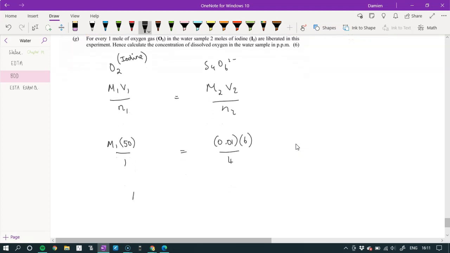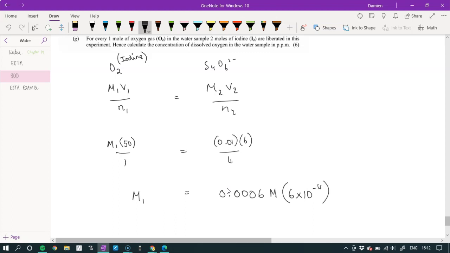So now what you're going to do is work out M1 by bringing stuff across. When you do the maths on that, that's going to give you 0.006. Oh, I think there's actually another 0 in there. I'm going to just check the calculator again. I think there is. So it's 3 zeros and a 6, which is 6 × 10⁻⁴. And again, that's your concentration.